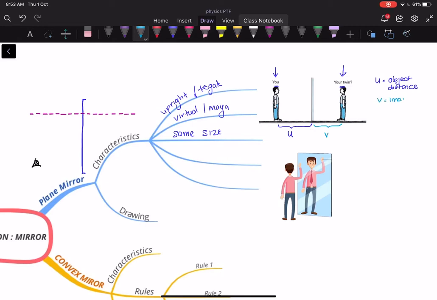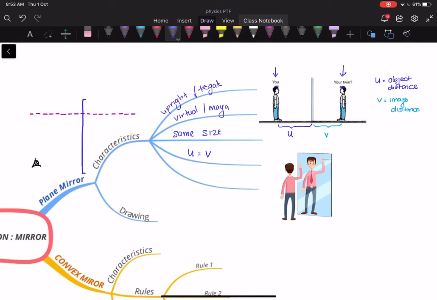So whenever you see u and v, always remember u is the object distance from the mirror, whereas v is the image distance from the mirror. Dan selalunya u dengan v ni, bukan selalu, it has to be same ya. U is always equal to v. Object distance is always equal to image distance.